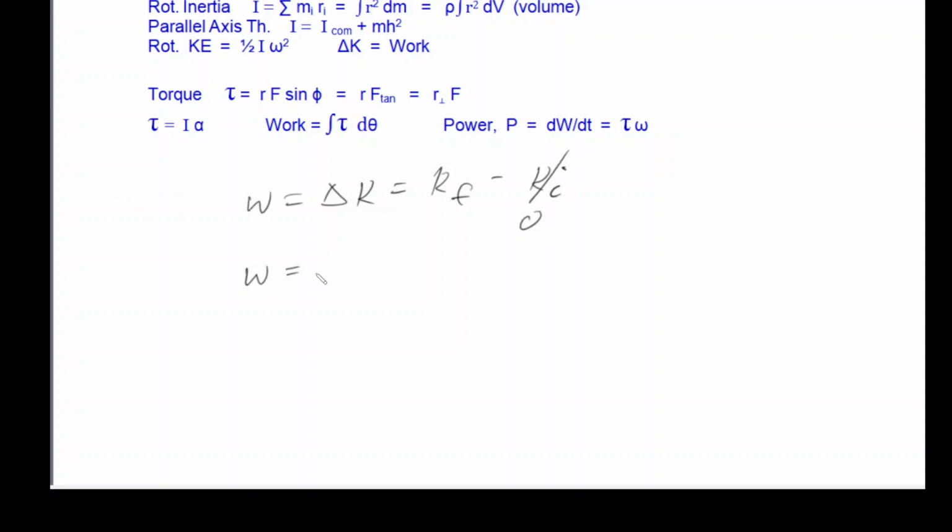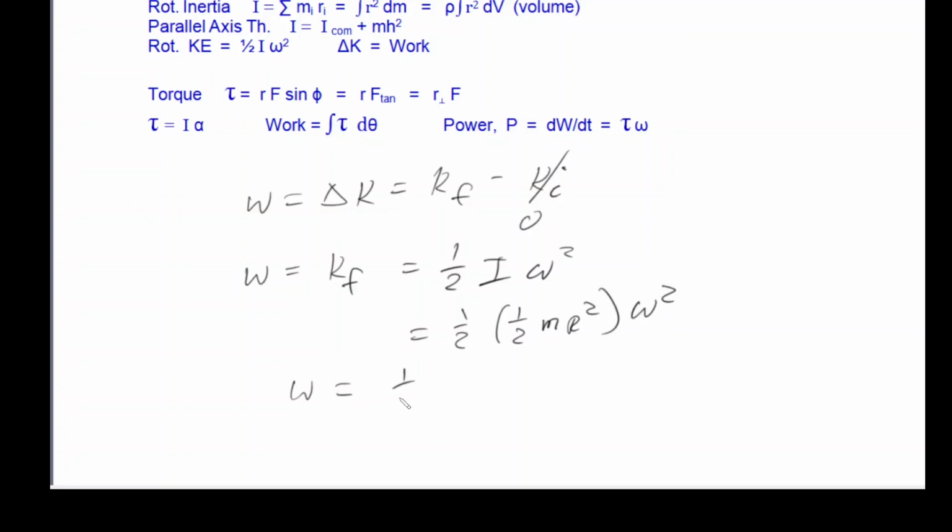So work is equal to kinetic energy final, and we know in rotational motion, kinetic energy is equal to 1/2 I omega squared, which is equal to 1/2, and I for a cylinder is 1/2 mr squared, times omega squared. So work becomes 1/4 mr squared omega squared. That's the work done when you reach omega.